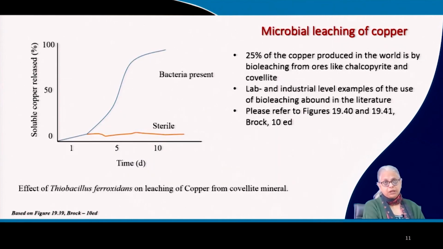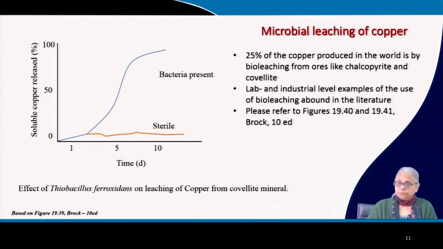Let's come to the last part of this lecture, and that is the industrial application of our understanding of how you can use certain bacterial reactions, certain biochemical reactions and chemical reactions to cycle and recover certain types of metals. So here is an example of how copper can be recovered from the ore form. Here we have the same bacterium, Thiobacillus ferrooxidans, where the leaching of copper from a mineral covalite has been shown.